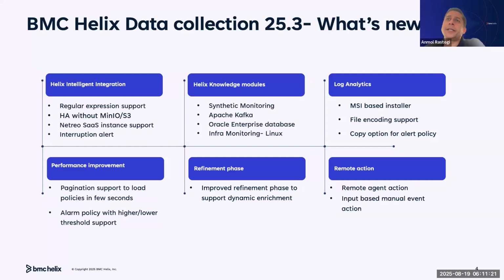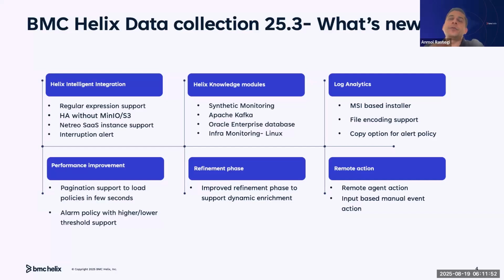We also updated our refinement phase, which is part of our event enrichment policy, where customers can have dynamic enrichment in place to basically say that, okay, if this particular column matches, and this particular event slot matches this string, then I want to enrich this event further with these event messages, right?